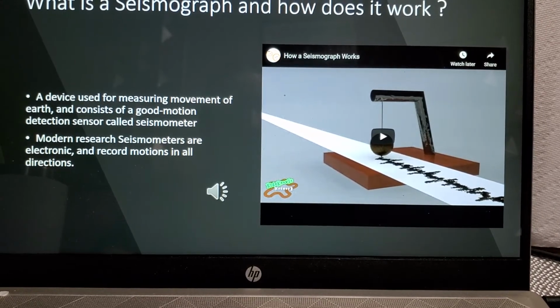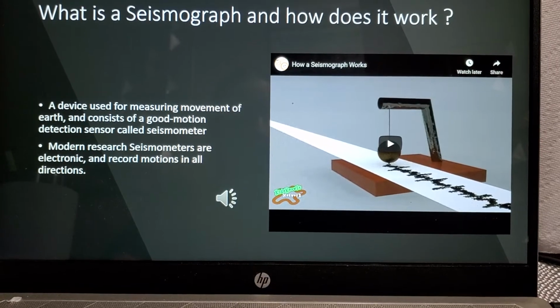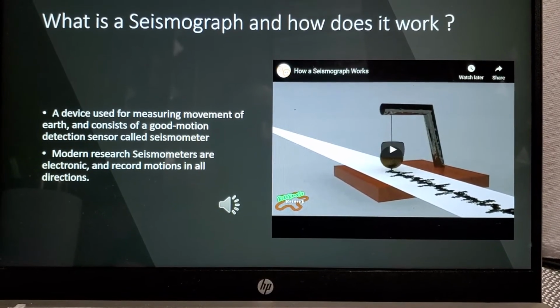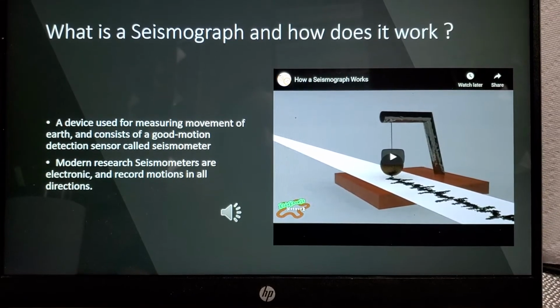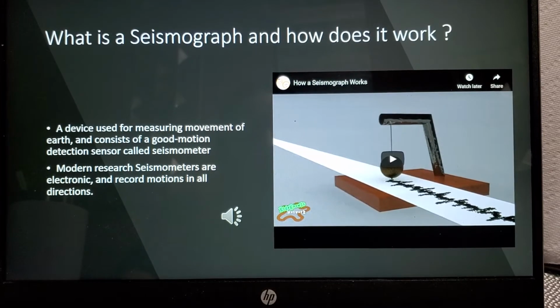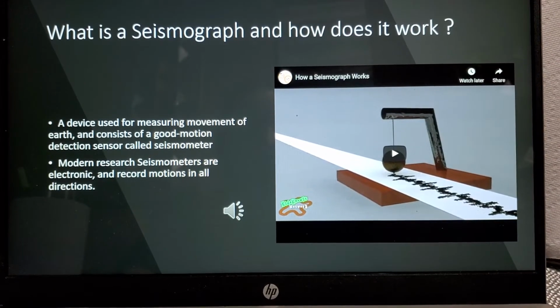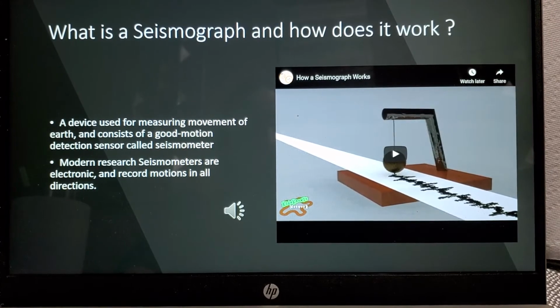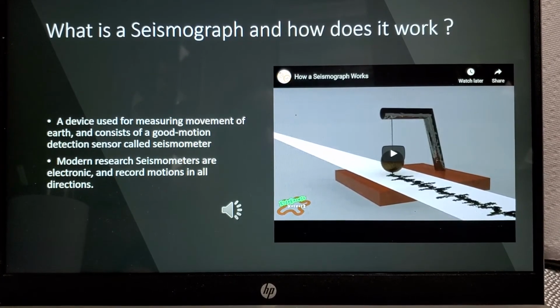Like I mentioned on the previous slide, with the P wave and the S wave, there is a difference in the recorded lines, which shows the magnitude of the earthquake. When these detectors are connected to a system that produces a permanent recording, they are called seismographs.